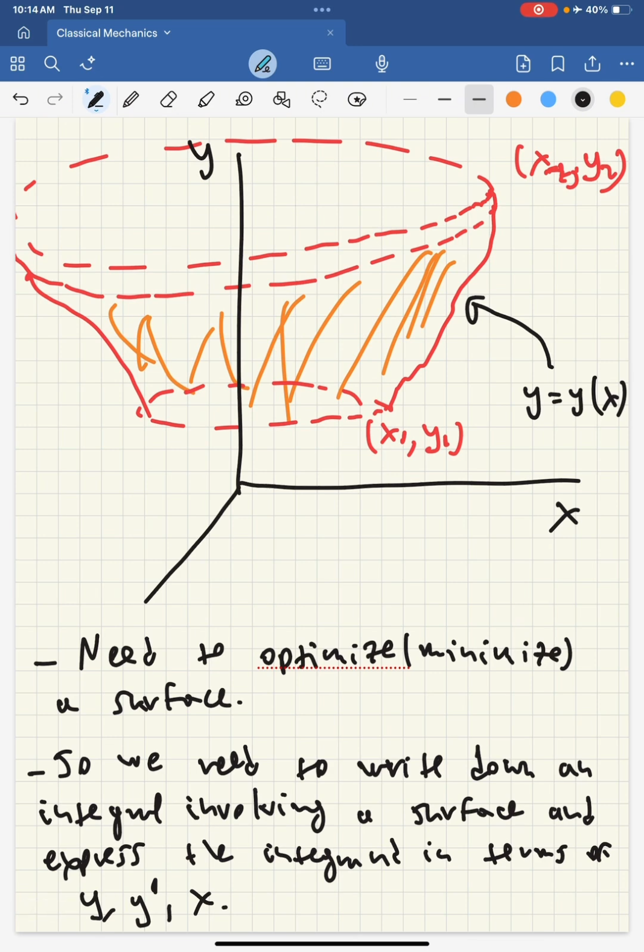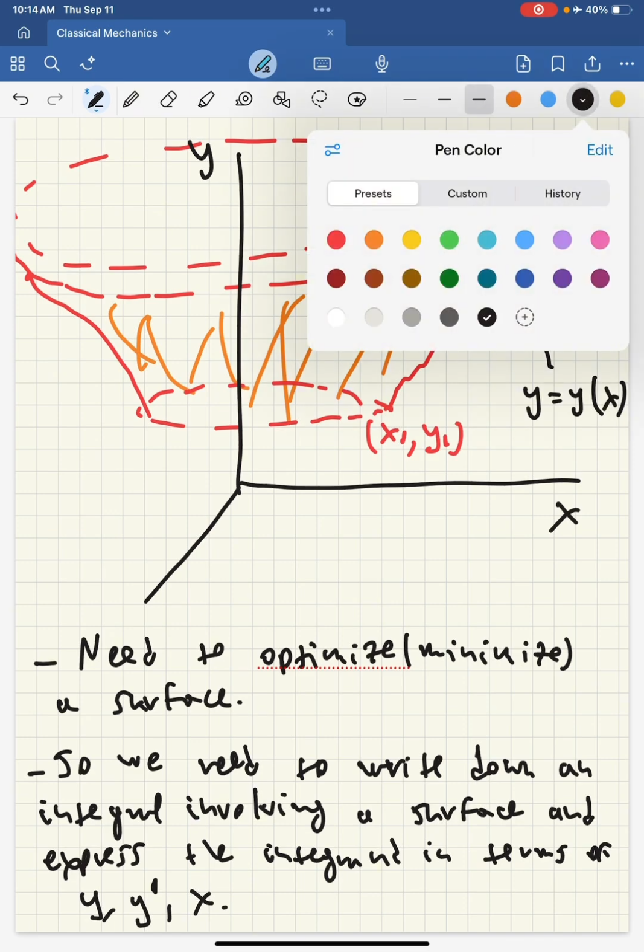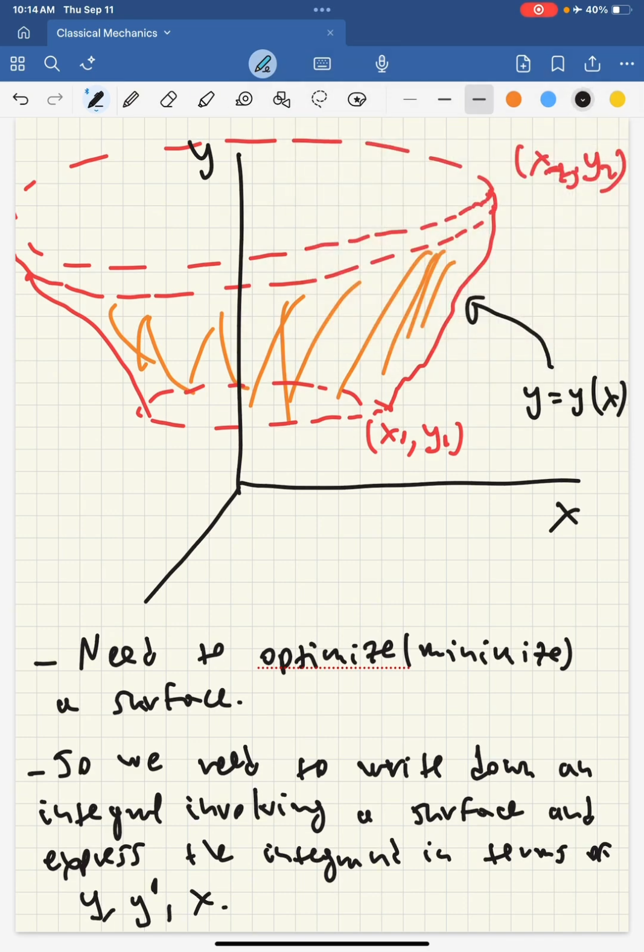Okay, so first of all, notice that I have already drawn something like a strip of this on this surface. So if we cut this part, okay, let's assume that this little piece over here is some infinitesimally small piece of this line connecting points x1, y1, and x2, y2.